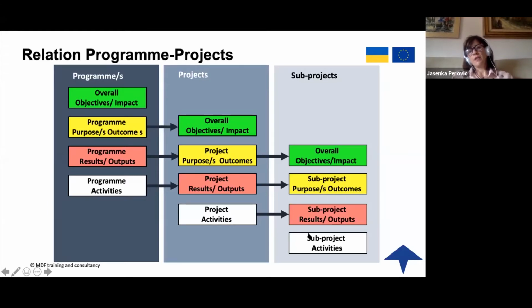Then we have the sub-projects. It's the same logic, but one level lower. We won't have the sub-projects at this stage. I think this is the linkage that you should try to establish at the beginning of developing your concept note.